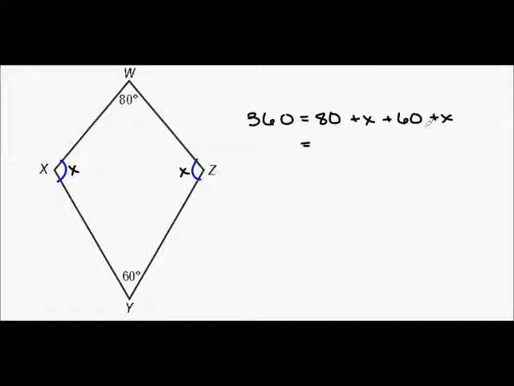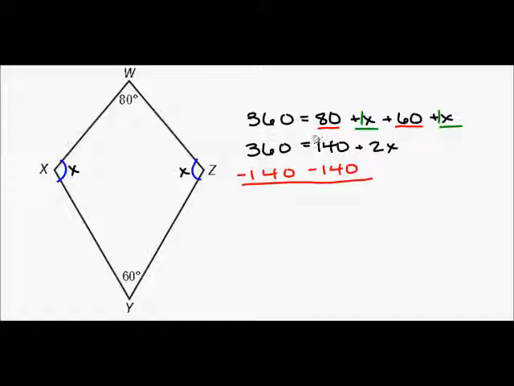Now I'm going to combine like terms. So I have some numbers. 80 plus 60 is 140. I also have variables. So this is 1x and 1x gives me 2x. The 360 doesn't change. Now I want to move this 140 to the other side of my equation, so I'm going to subtract 140.